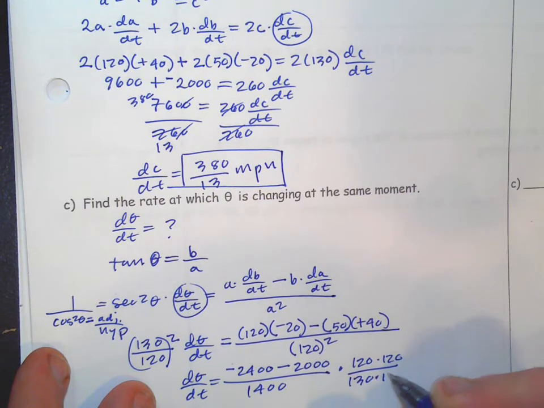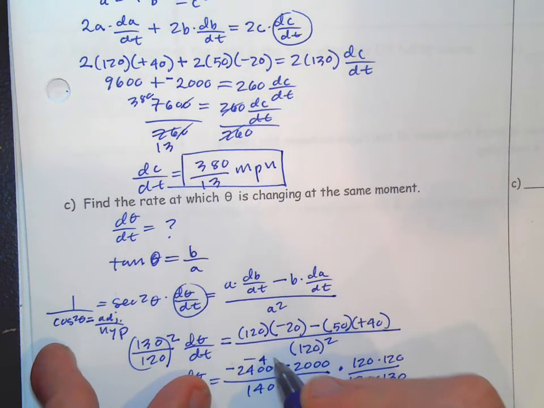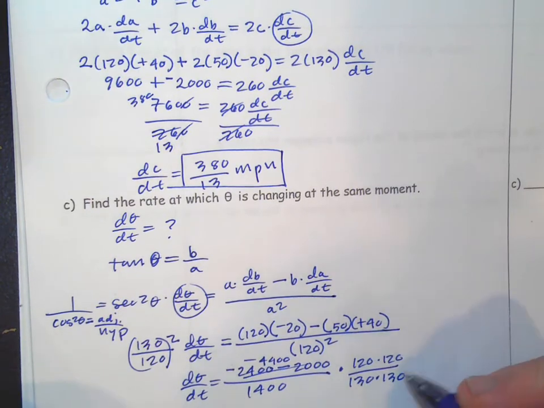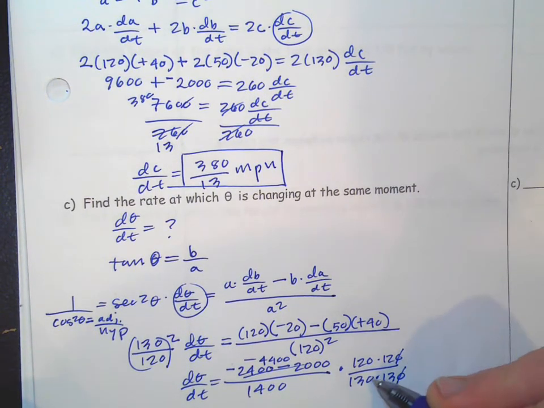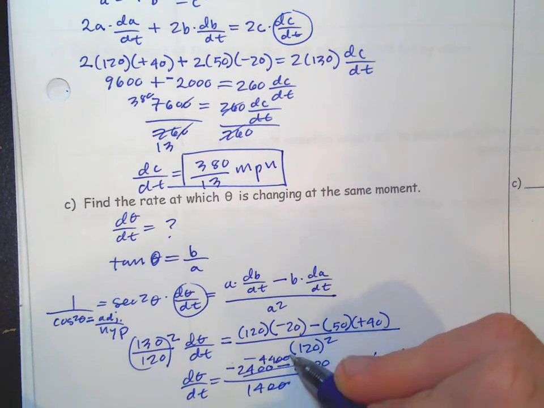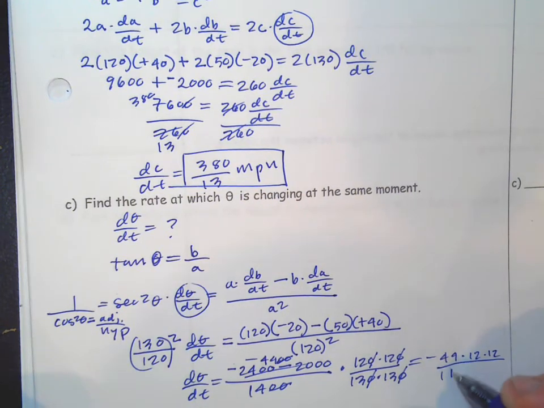I'm going to just leave it like that. That might be easier to work with. So this is going to be negative 4400, right? So we could divide 10 on the top, 10 on the bottom, 10 on the top, 10 on the bottom, 100. So we're at negative 44 times 12 times 12, or 14 times 13 times 13.